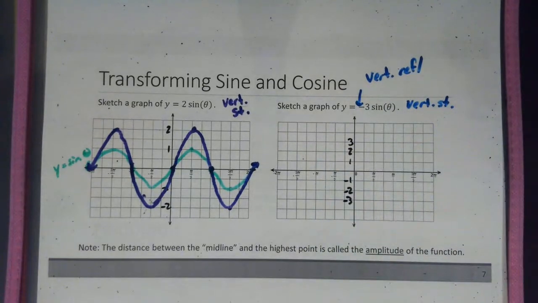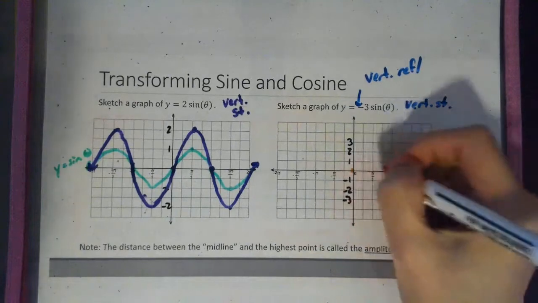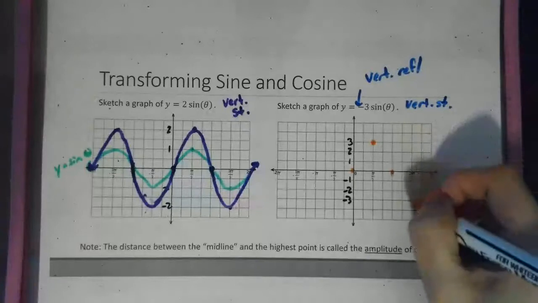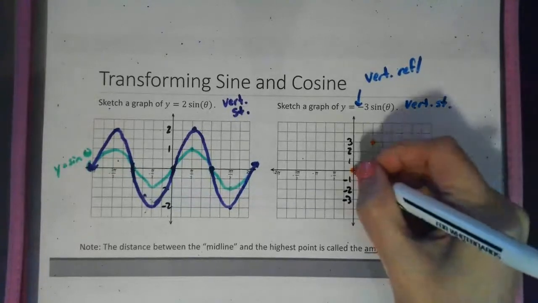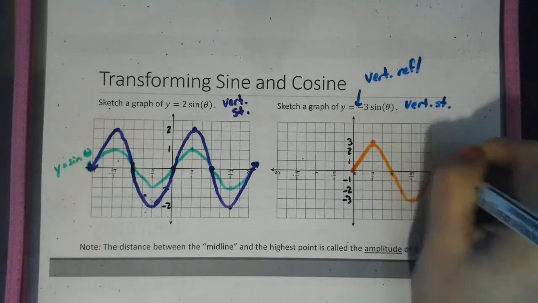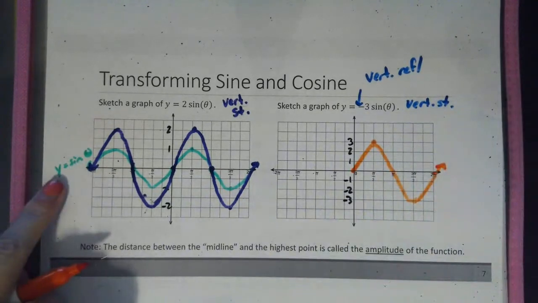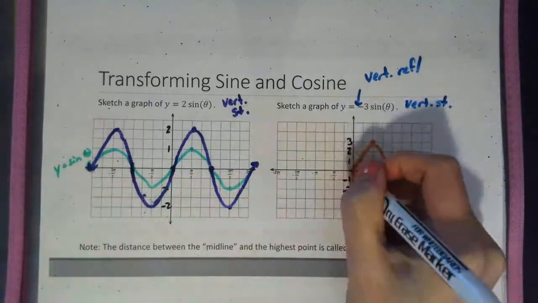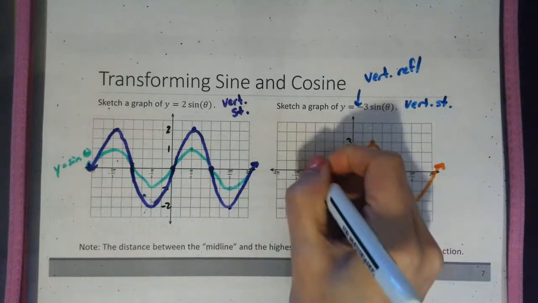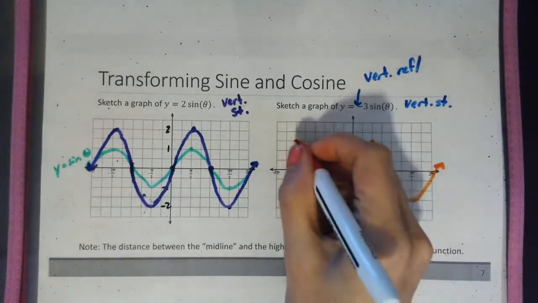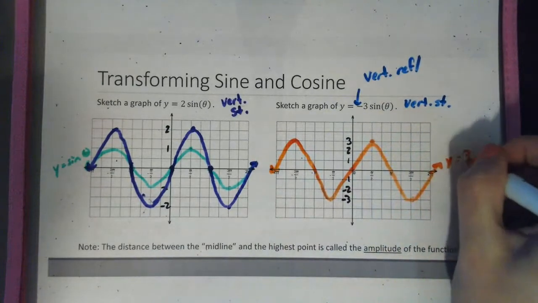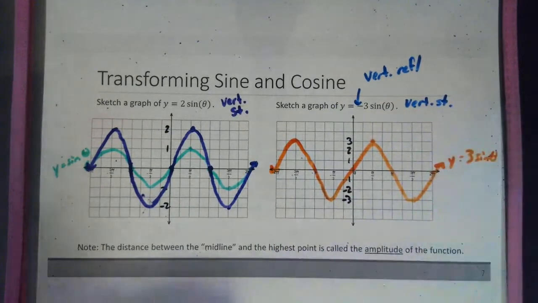So if I'm multiplying all my y values by 3, then I'll get 0, at pi over 2 will be at 3, pi will be at 0, 3 pi over 2 will be at -3, and then 0 again. So I'm getting this graph by taking my normal y equals sine of theta graph, that's the one in green, and multiplying all the y values by 3, because that gives me that vertical stretch that I was looking for. So this is y equals 3 times the sine of theta.